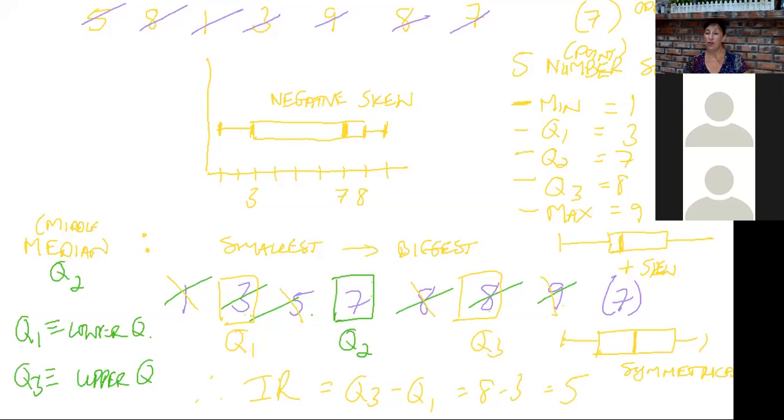So your median is the 4th term. 1, 2, 3, 4. There it is. So if it's an odd number, add 1 and divide by 2. It equals 4, so it's the 4th term.